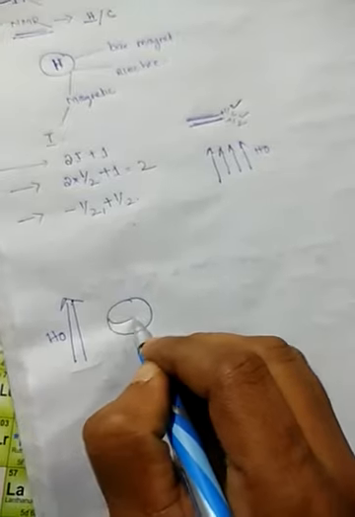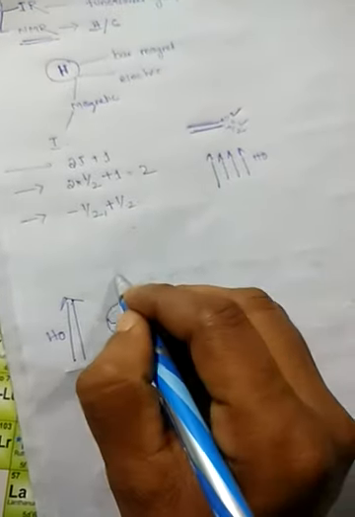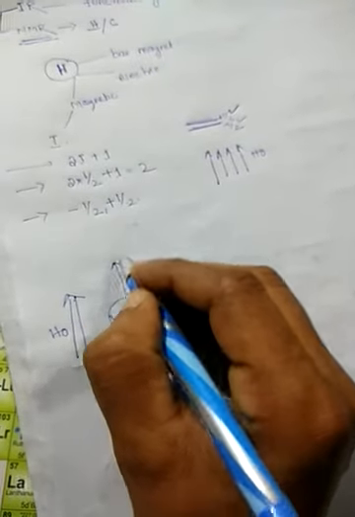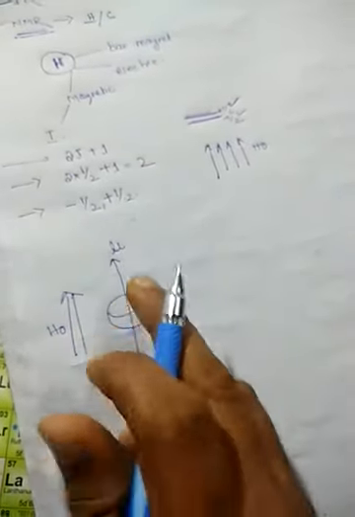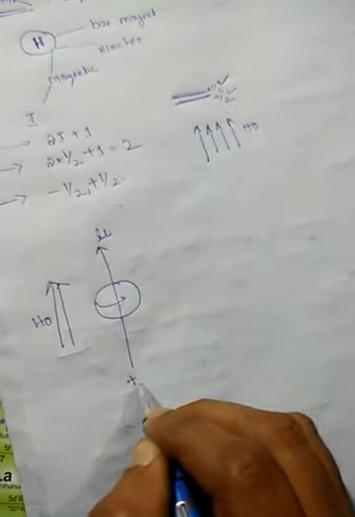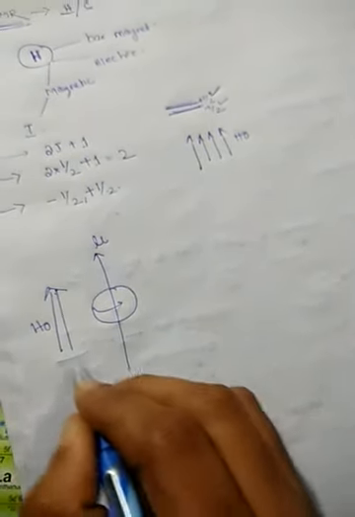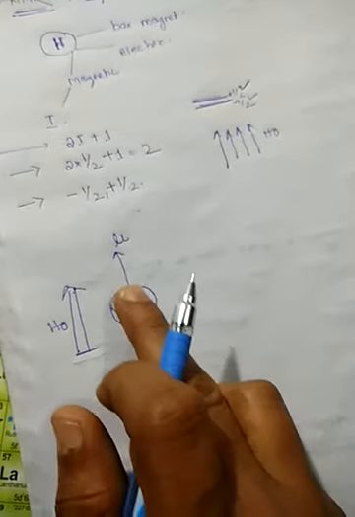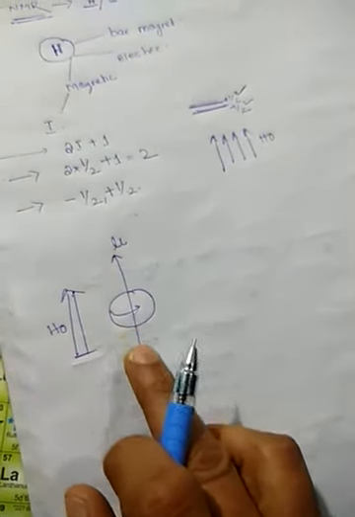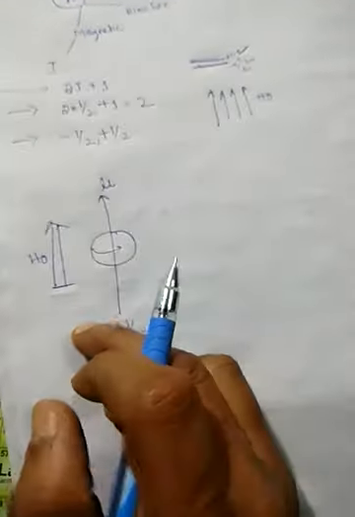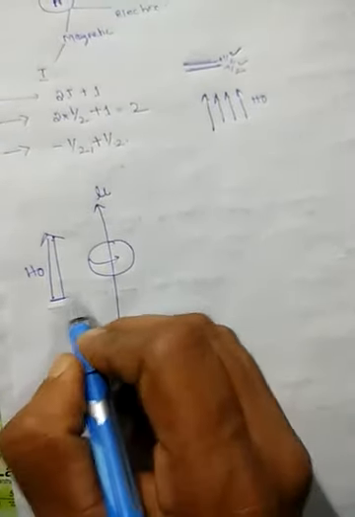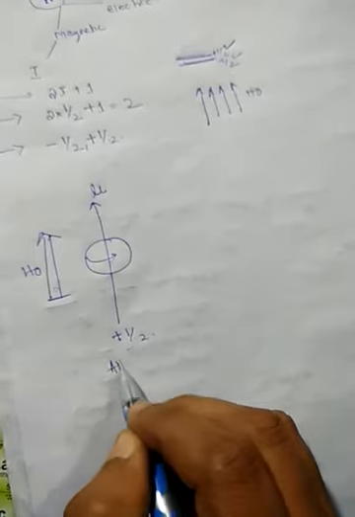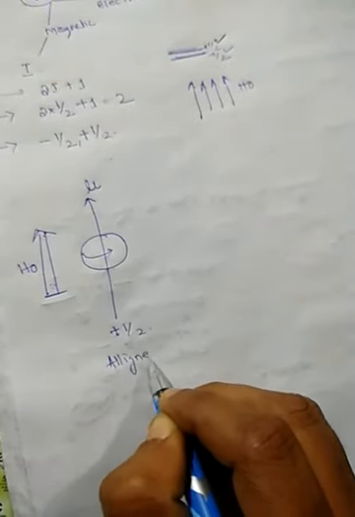It moves along this direction, so the motion of the nucleus is associated with a nuclear magnetic moment mu. Suppose this one is plus half. This is the direction of the applied magnetic field and this is the direction of the magnetic moment created by the nucleus of the hydrogen atom. Both are in the same direction, so this is called aligned orientation.